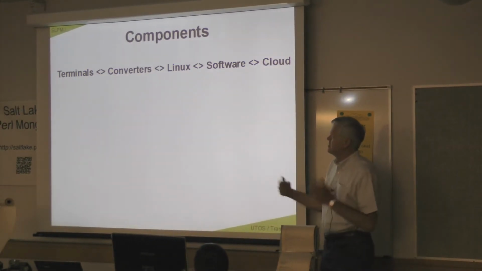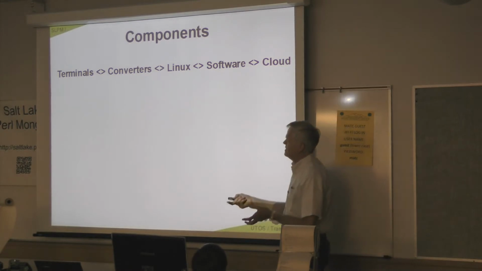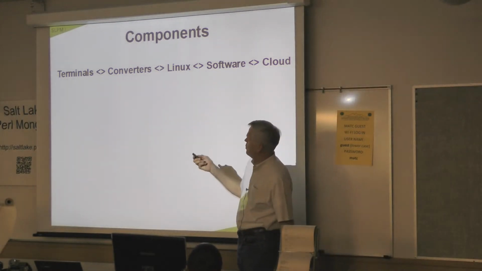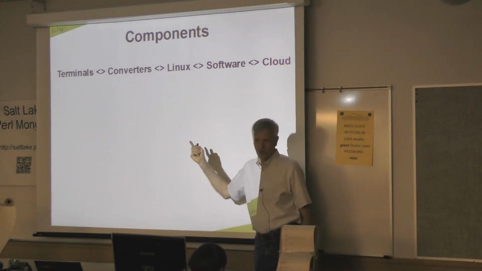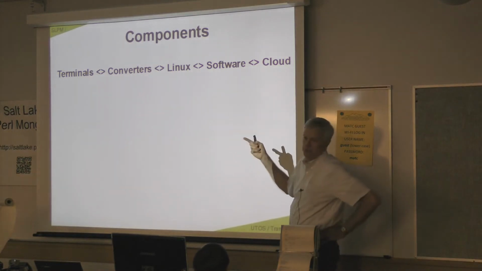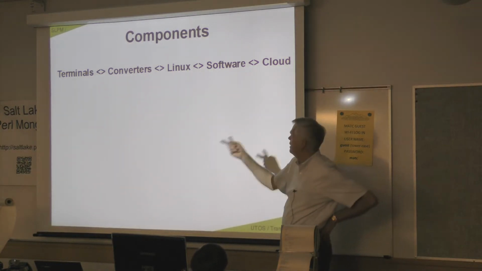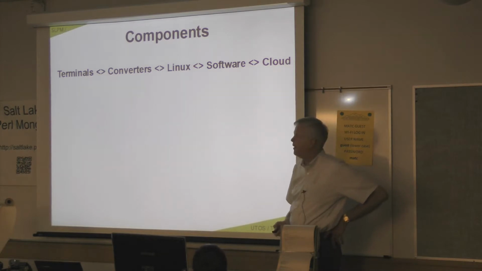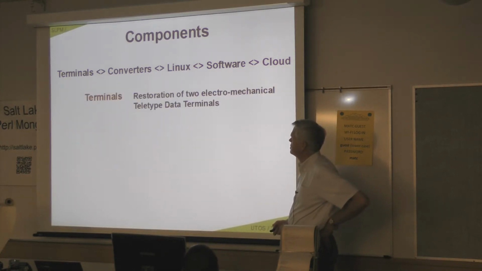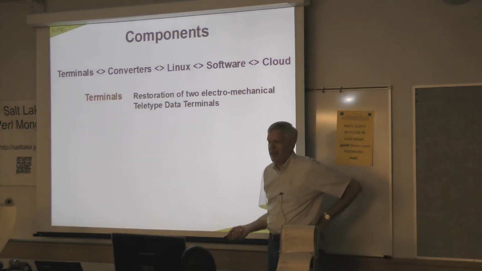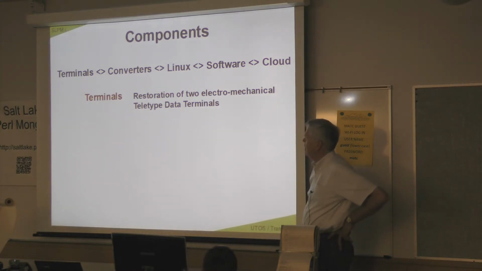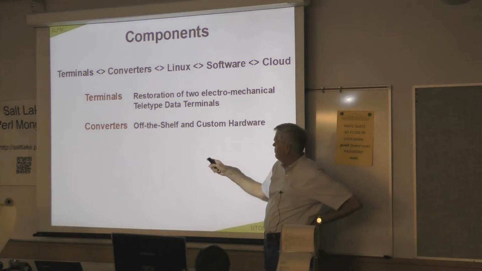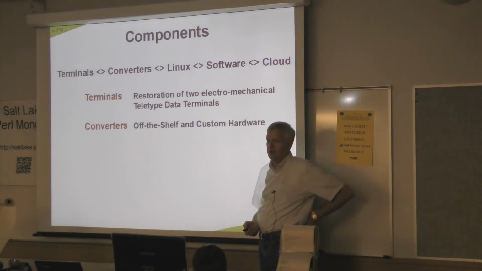So the components of this whole project is I have data terminals talking to converters, which then allow me to talk to a Linux box. That Linux box has special software that then allows me to talk to the internet cloud. So the terminals, I restored 2 electromechanical teletype data terminals. For the converters, we use both off-the-shelf and some custom hardware, and I'll show you how we design that.